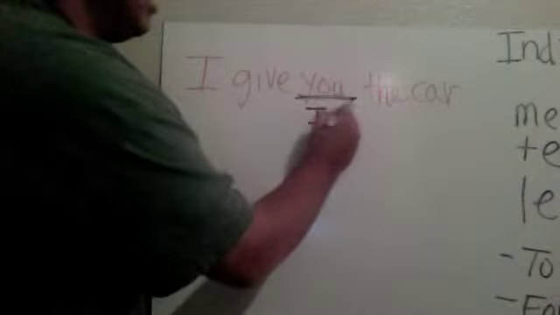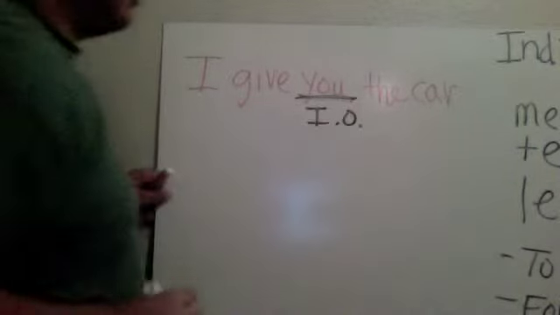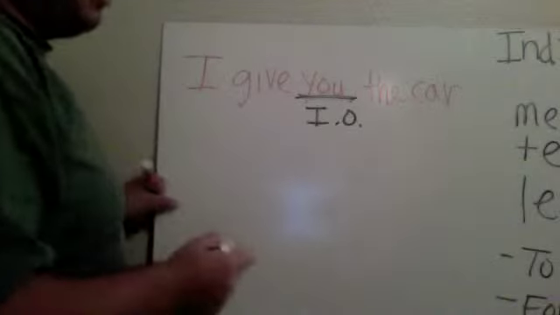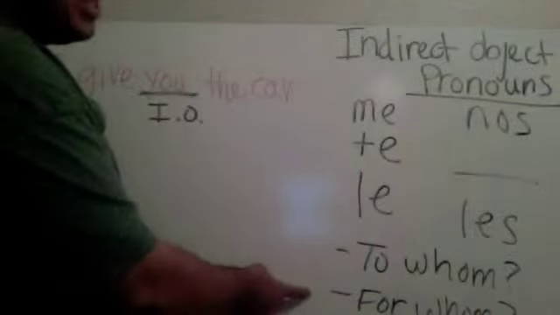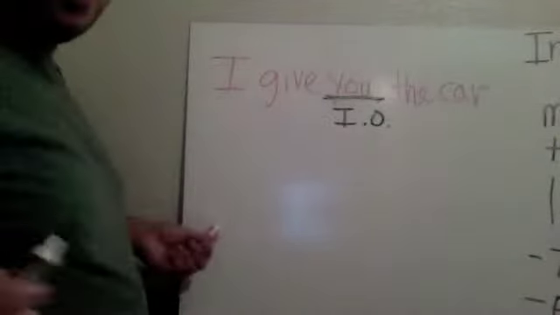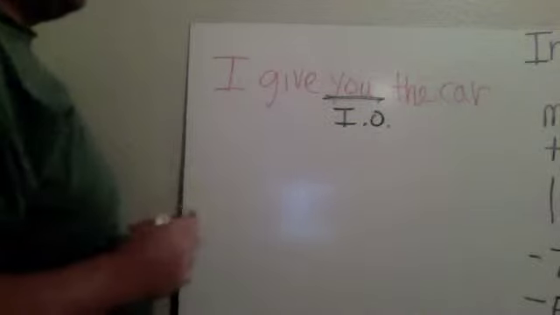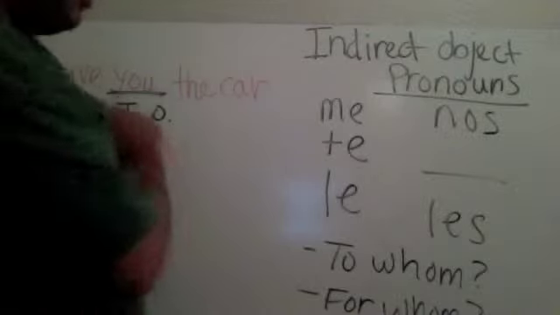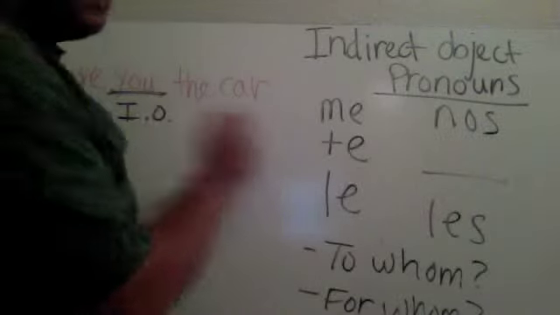This is your indirect object pronoun. I give the car to you. Remember, our two questions that indirect object pronouns answer are to whom and for whom. I give the car to whom? To you. So, which one of these five pronouns do you think will replace to you? If you guessed te, you're correct.